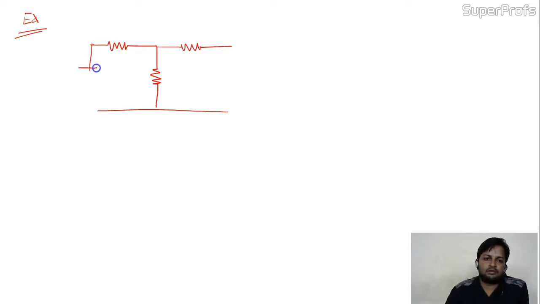Consider a circuit with a 10 volt source, 5 ohm, 5 ohm, and this is 10 ohm. Consider it like this.